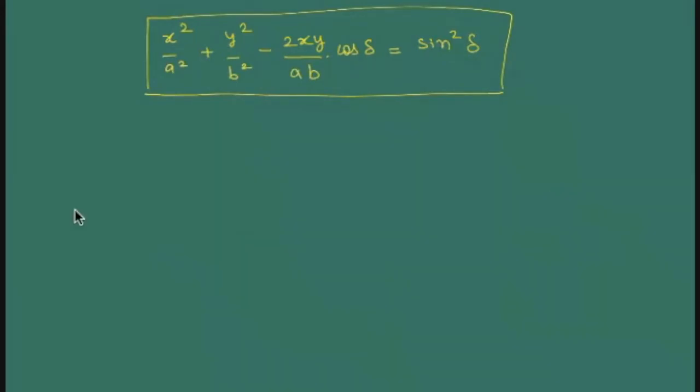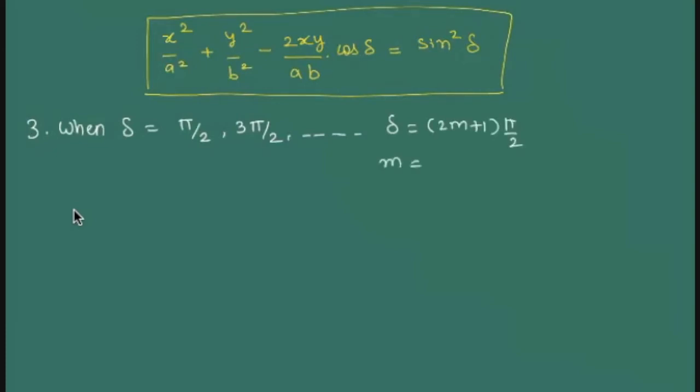So we have special case 3 where delta equals pi by 2, or all odd multiples of pi by 2. We can call that delta equals (2m plus 1) pi by 2, where m goes 0, 1, 2 and so on. In this case, sine of delta will be 1 and cos of delta is 0.